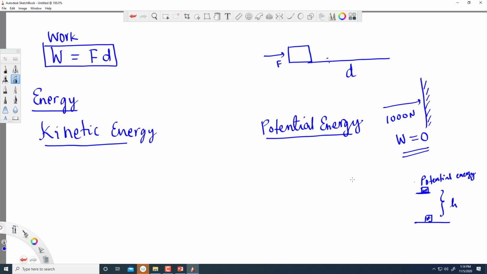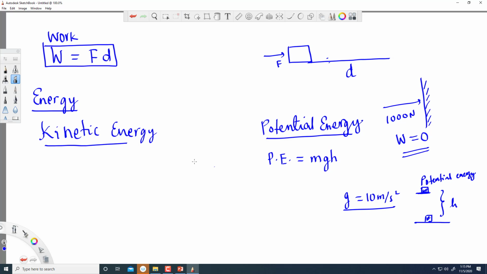So potential energy is denoted by PE. It is given by mass times acceleration due to gravity times height. Okay, the higher the object, the more potential energy it has. Here g, you can write g as 10 meter per second squared. Okay, that's the acceleration due to gravity, which is always constant.